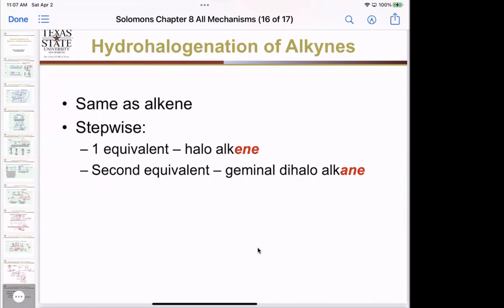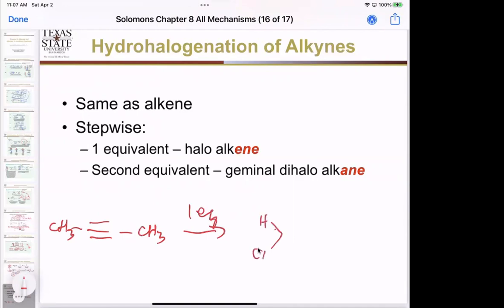So we're going to see it go from this right here, and I'm just going to put CH3 groups here. We're going to go for one equivalent, and it's going to give us hydrogen and CH3 and a double bond, and let's see, it is Markovnikov's. So it's going to give us CH3 and a chlorine.